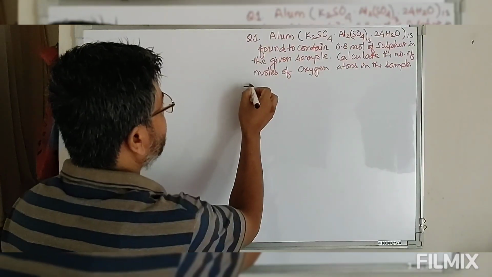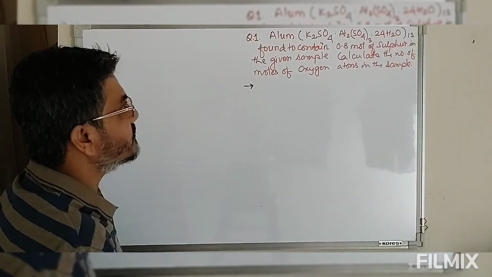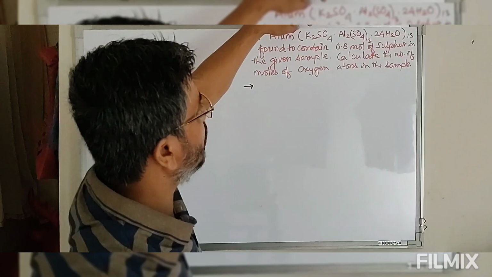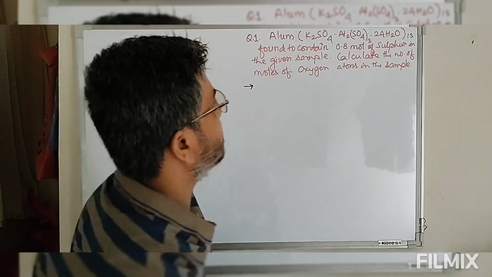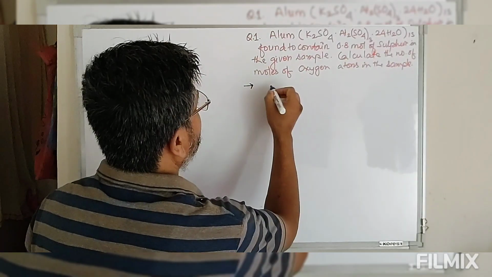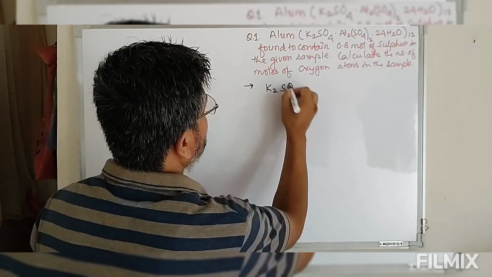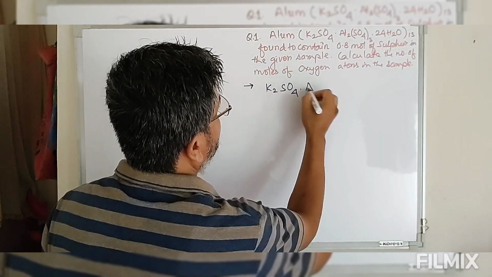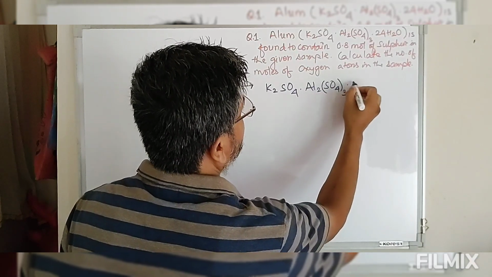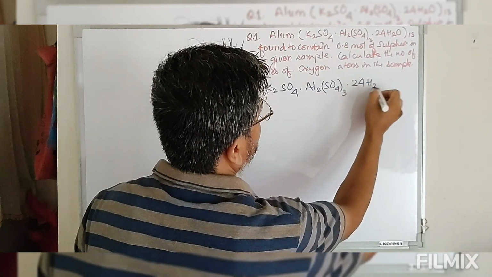So if you look at this formula carefully, take 1 mole of this substance, that is alum, K2SO4, Al2(SO4) whole thrice, 24H2O.